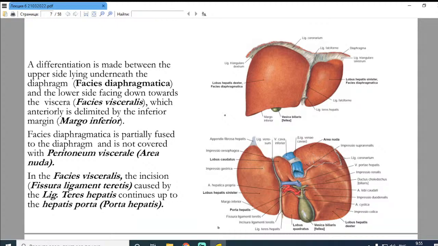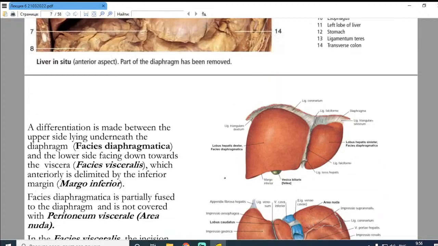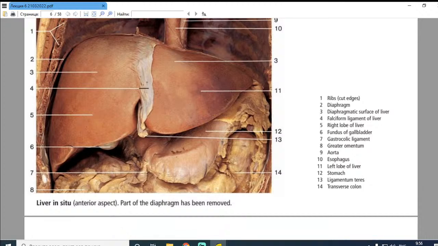This is the facies diaphragmatica. Dexter, facies diaphragmatica. This is the left lobus hepatis sinister. This is the facies visceralis. What do you see?